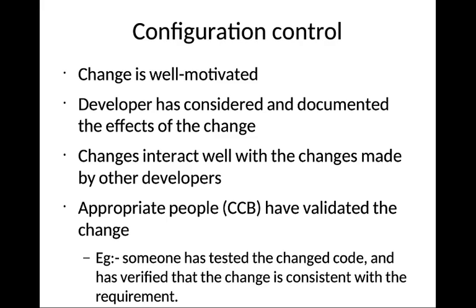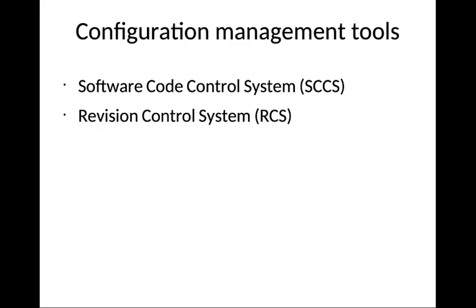For example, validation means that someone has tested the changed code and verified that the change is consistent with the requirement. The CCB will verify that and then it will be validated. So this is how configuration control happens. All controlled objects are handled by this mechanism.